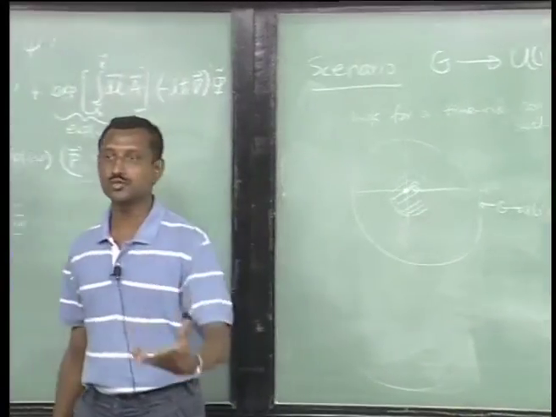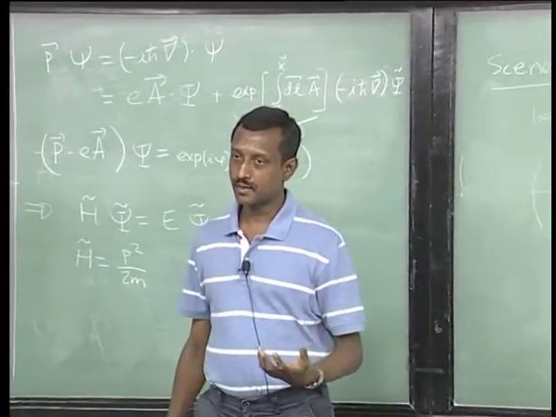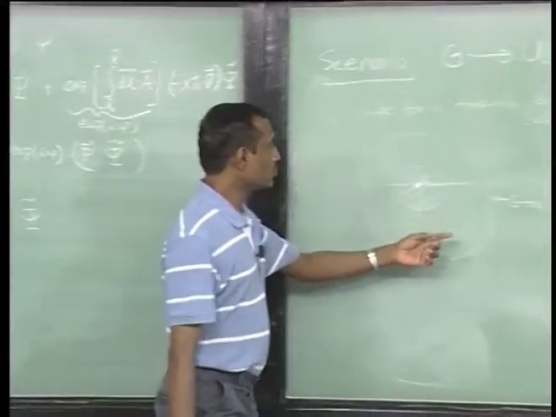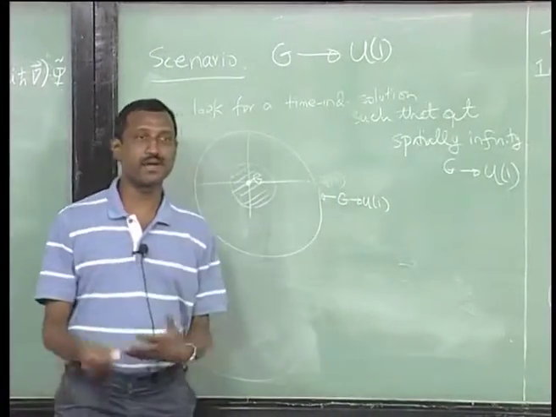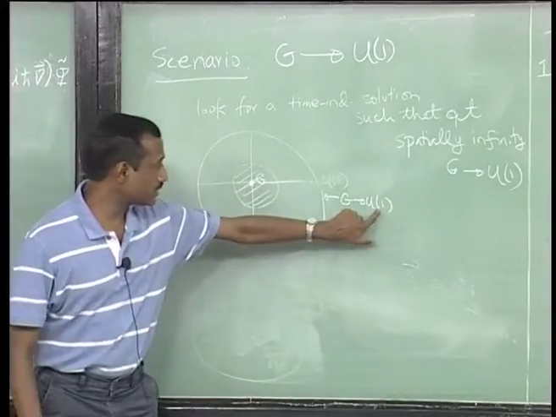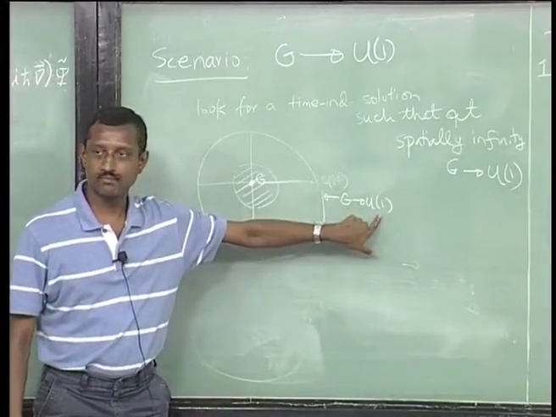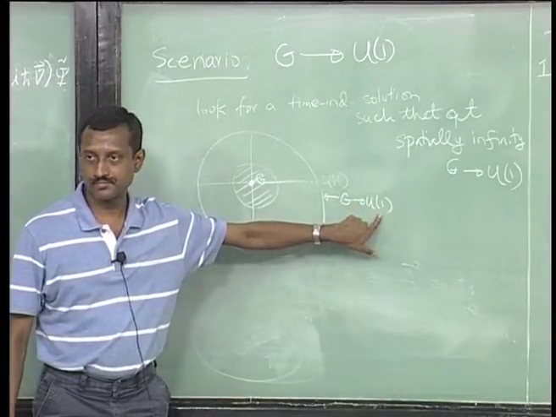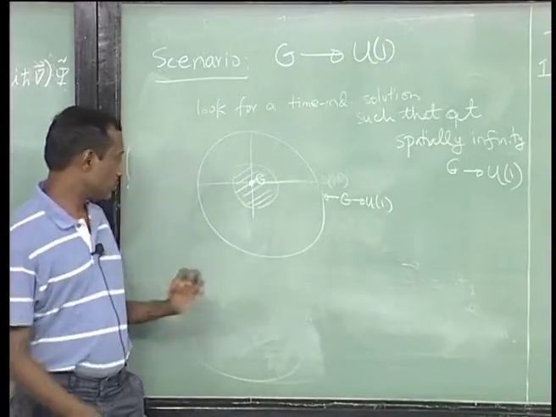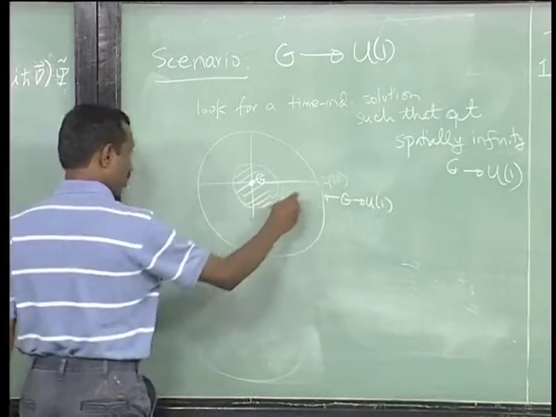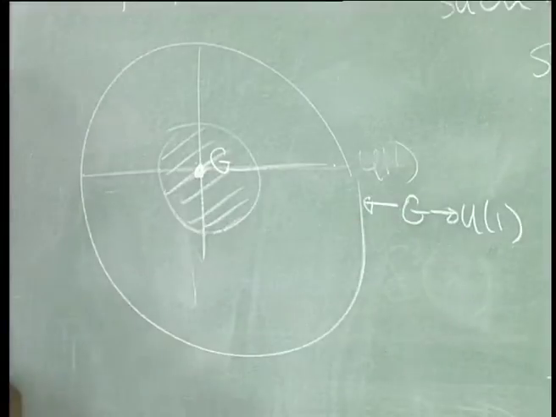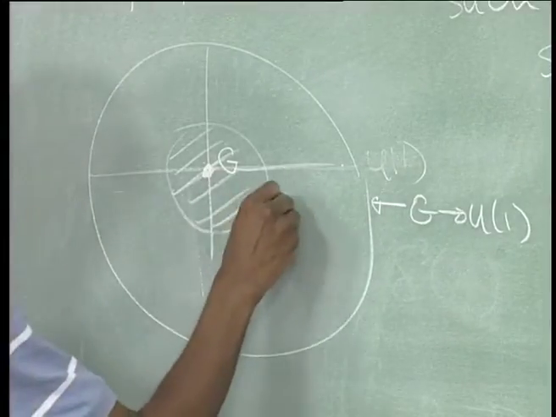They looked for a solution of this kind. When I say that something is charged under magnetism, it is charged under this unbroken U1. So what they constructed is, let us call this some r naught.